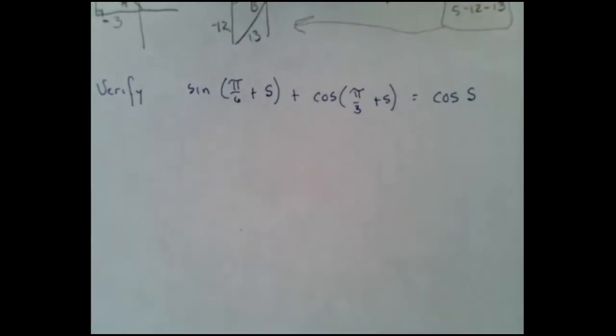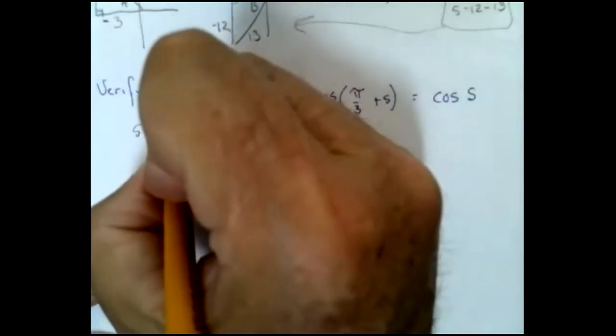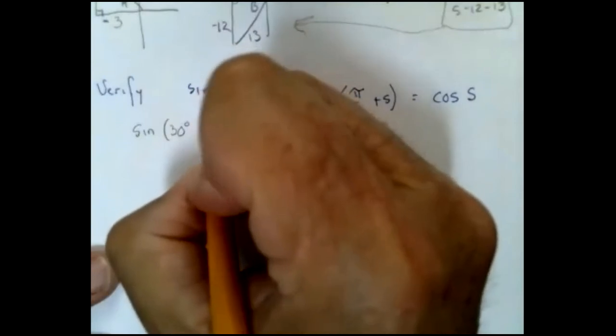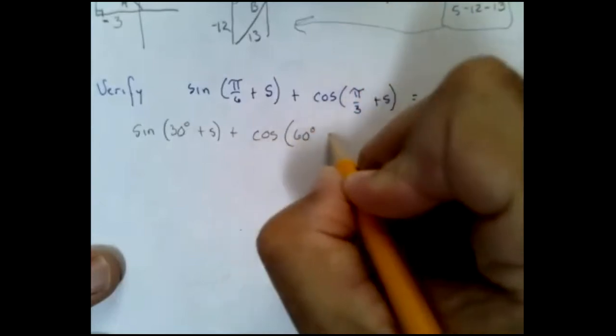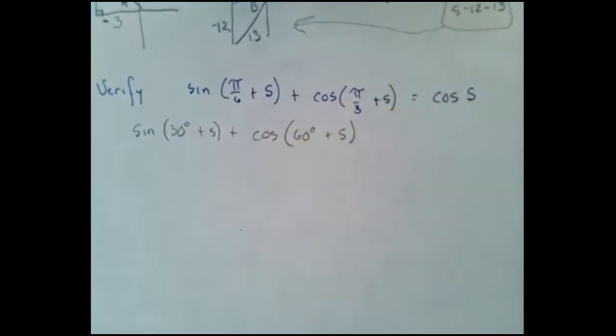And the first thing I'm going to do is say, wait a minute, I don't mind radians so much, but I'm going to make this the sine of 30 degrees plus S, plus the cosine of 60 degrees plus S. I like them a little better. Some of you may be good with radians, I prefer degrees.